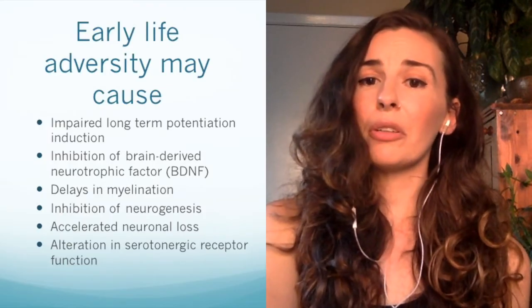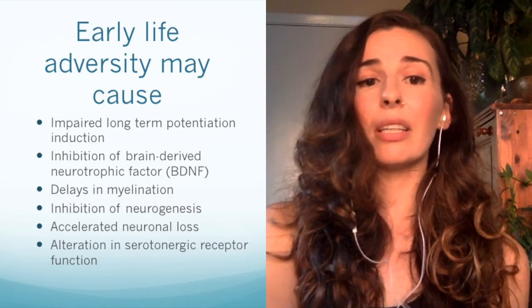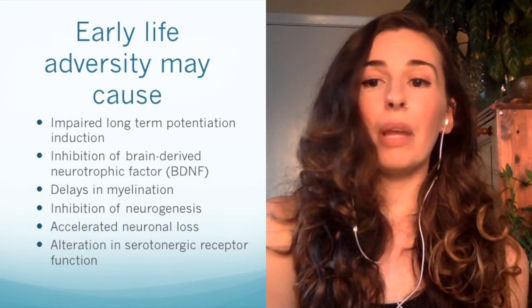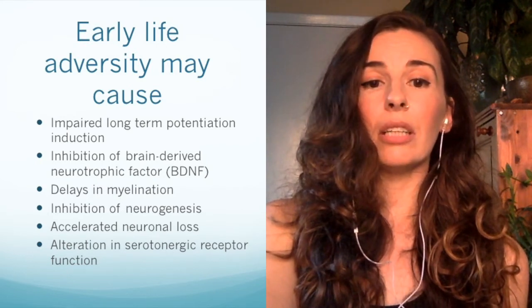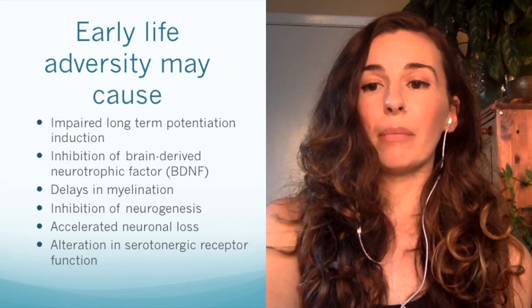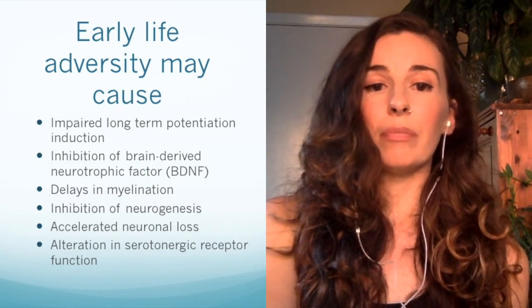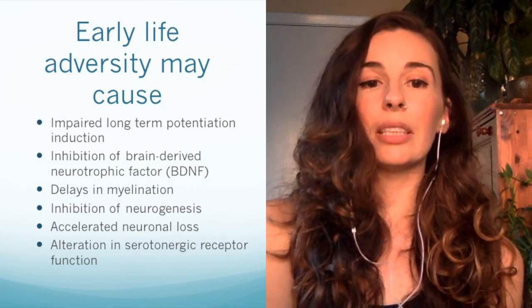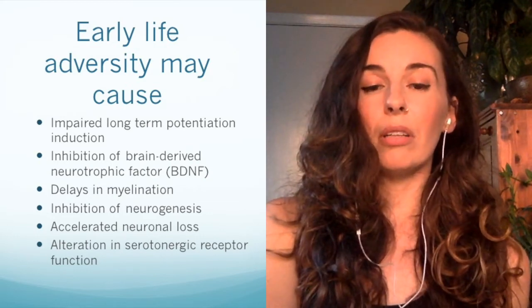There are a number of other neurological effects that early life stress can have on the brain. Early life adversity may cause impaired long-term potentiation induction, inhibition of brain-derived neurotrophic factor, and delays in myelination. Early life stress can also cause inhibition of neurogenesis and accelerated neuronal loss.